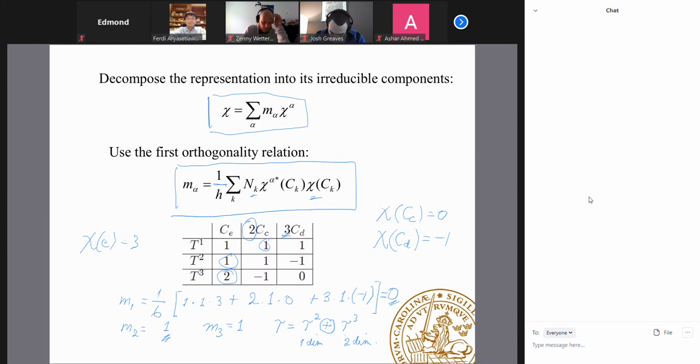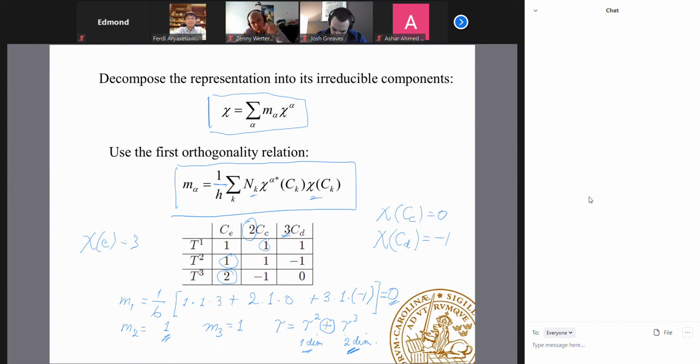We can see that they have a block form, 2 by 2 and 1 by 1. So the 1 by 1 is the T2 representation, and 2 by 2 is the T3. Okay, so this is how we decompose the representations into its irreducible components.